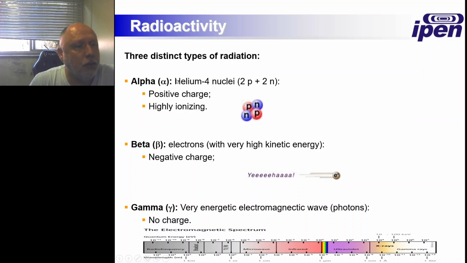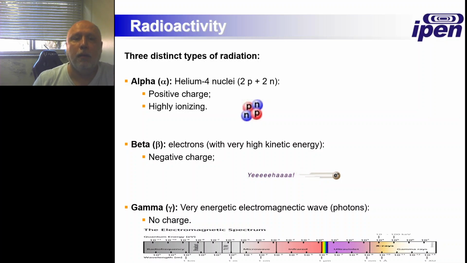So the alpha particle is a helium-4 nucleus, meaning it's 2 protons and 2 neutrons with no electrons. It has positive charge, 2 plus, and it's highly ionizing, meaning it interacts very strongly with matter, so it is stopped quite quickly.